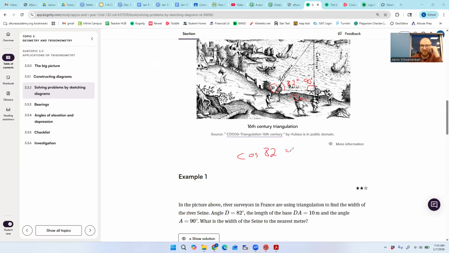Cosine of 82 equals 10 over h. So multiply both sides by h, divide by cosine 82. And the hypotenuse is 10.